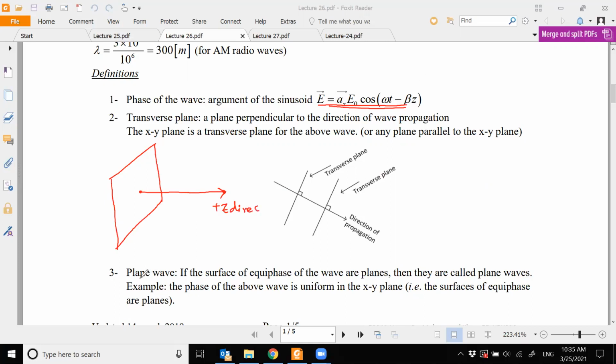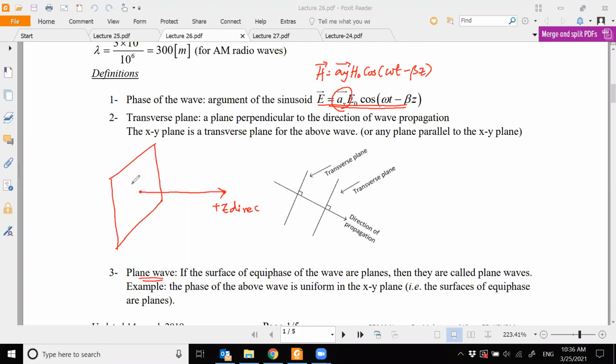So what is a plane wave? My electric field is along AX and my associated magnetic field will be along AY, H0 cosine omega t minus beta Z, right? H0 and E0, we know the relationship. Let's not worry about that. So they are in AX and AY, right?